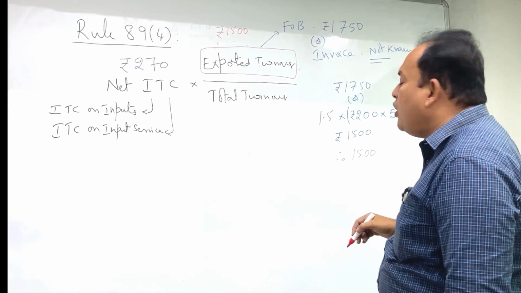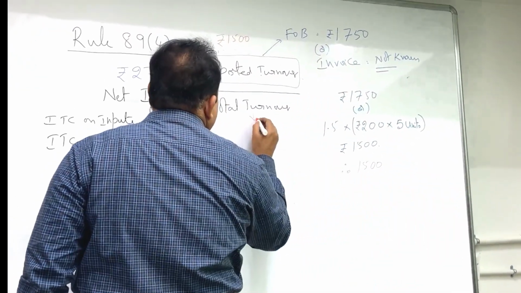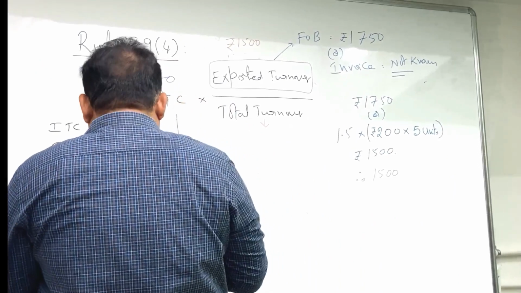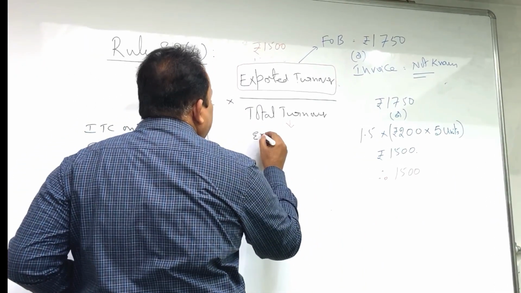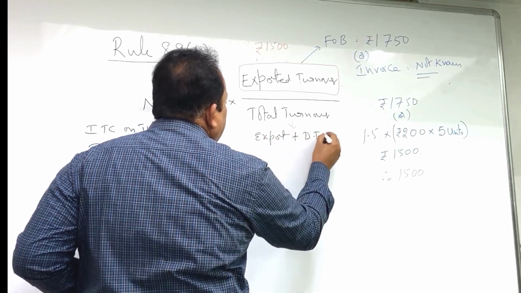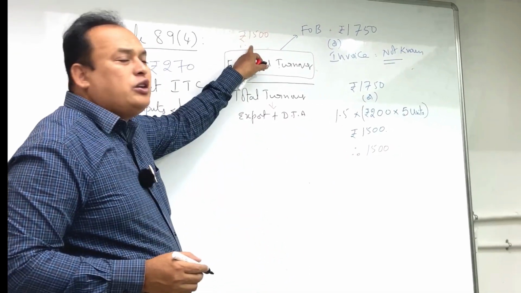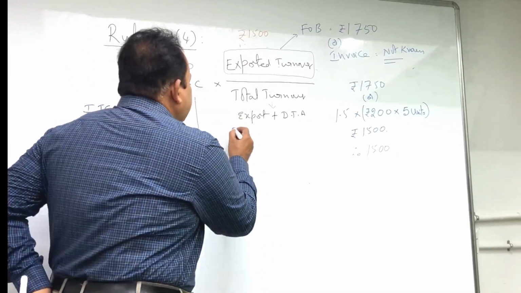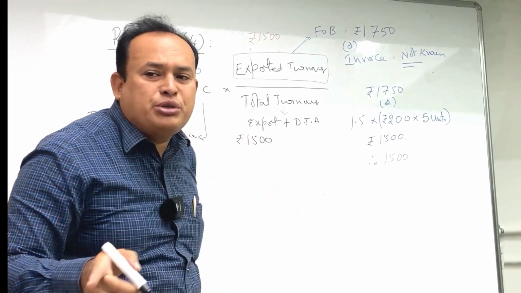And when you come to total turnover, it is nothing but both together: export turnover plus domestic tariff area clearances. We noticed export turnover is 1500. That you take as such. Do not take the value given in the problem, 1750.